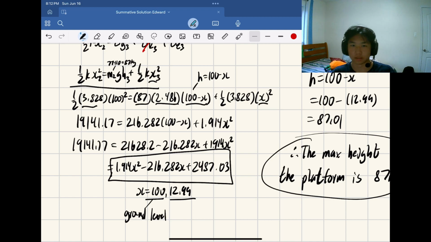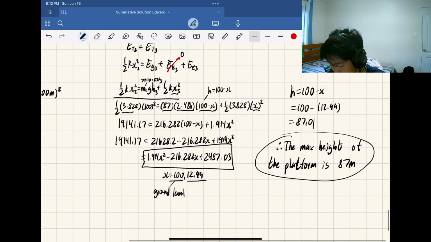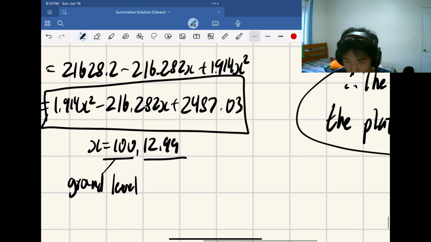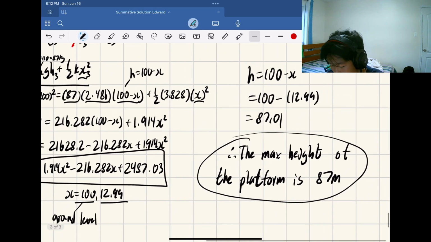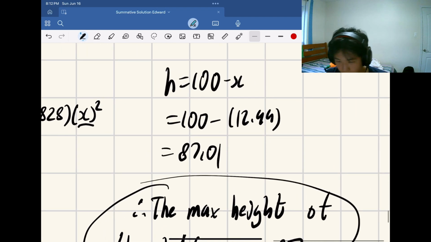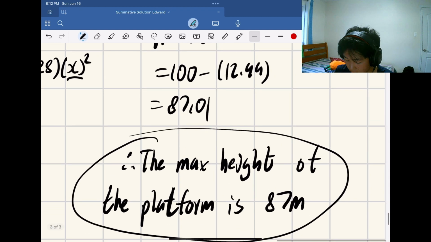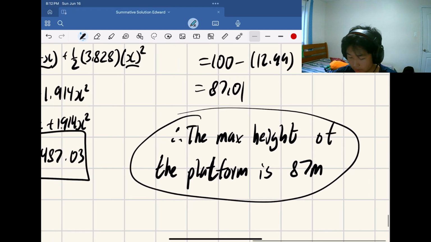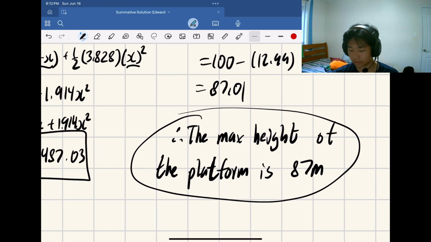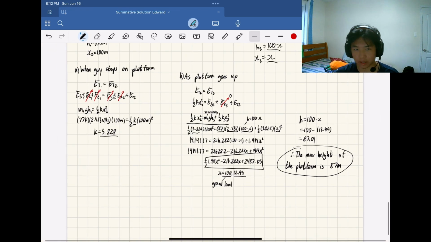If x is 100, it means he's all the way at ground level. The other value of x is 13. Once you get that, you're looking for the height, which is 100 minus 13, which is 87 meters high. Therefore, the maximum height of the guy with his new mass is 87 meters high.